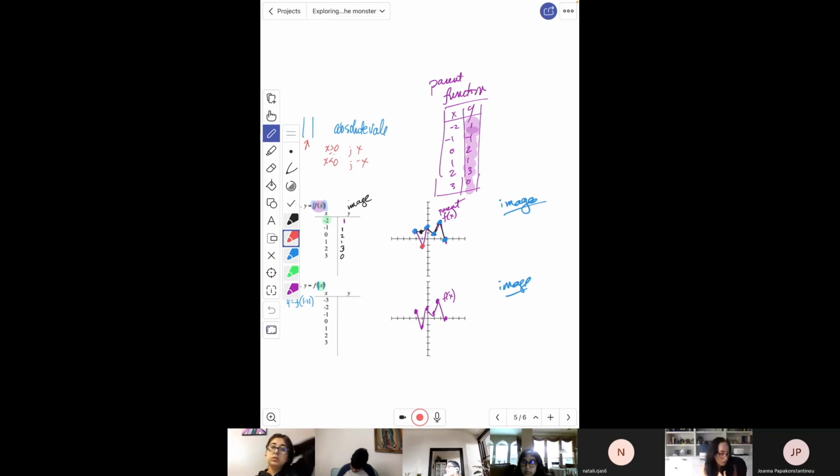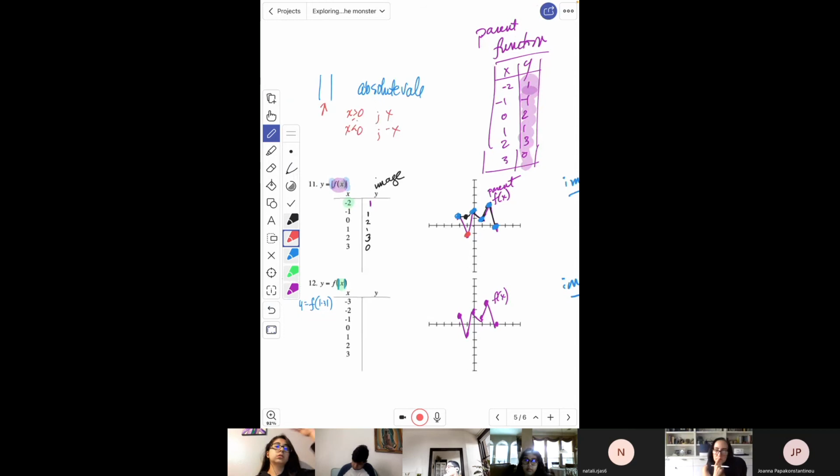Why is that the only one that changed? Can anybody tell me? Abiella, you look like you want to tell me why that one is the only one that changed. Because it was a negative, right? It's a negative. So if I take the output, these are y values, right? So I'm looking for when my y is negative.